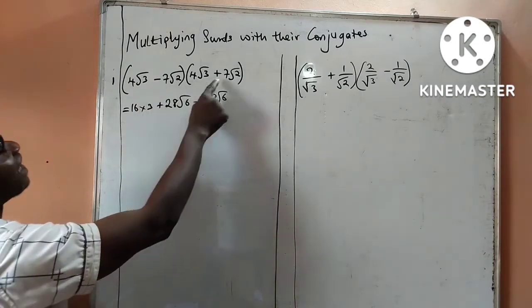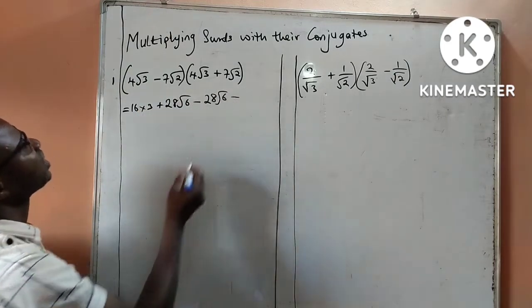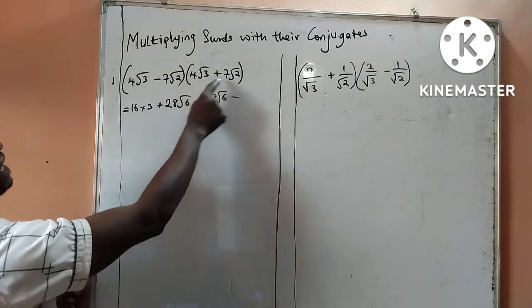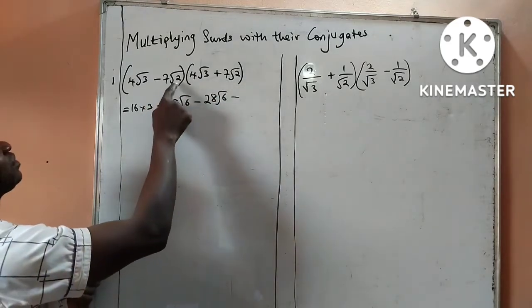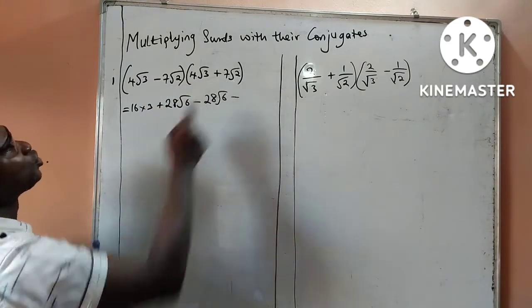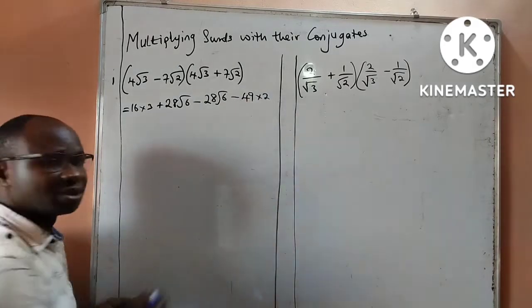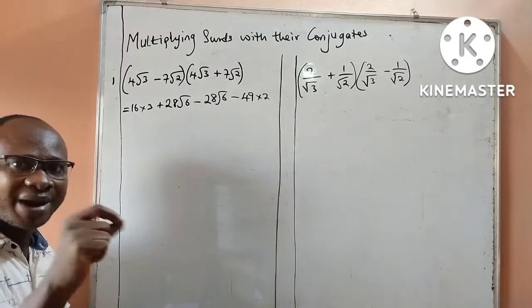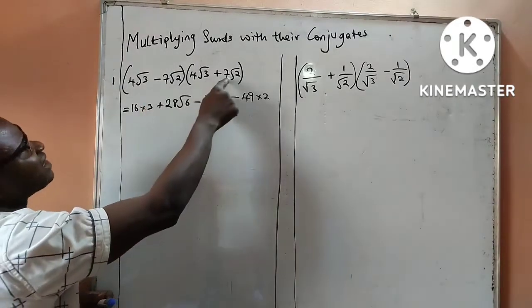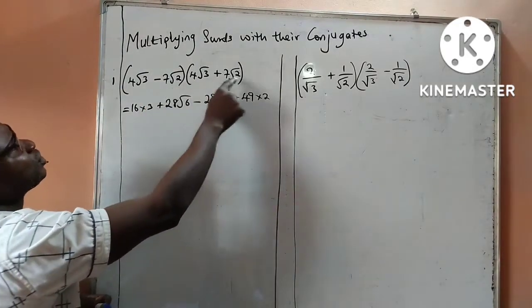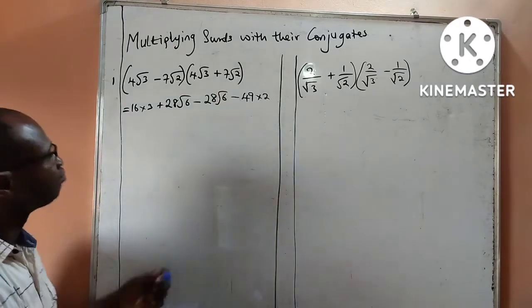Finally, I have minus times plus will give me minus. And then 7 root 2 times 7 root 2 will give me 49 multiplied by 2. Okay, taking it one after the other. 7 times 7 is 49. And root 2 times root 2 will give me 2. Beautiful.